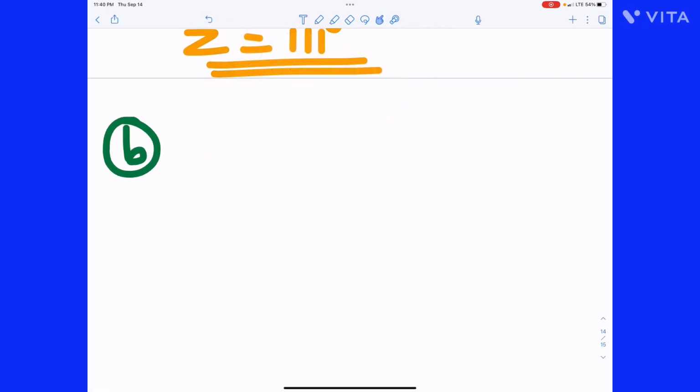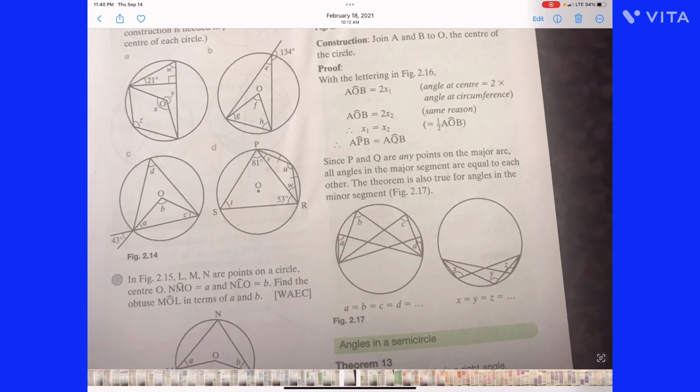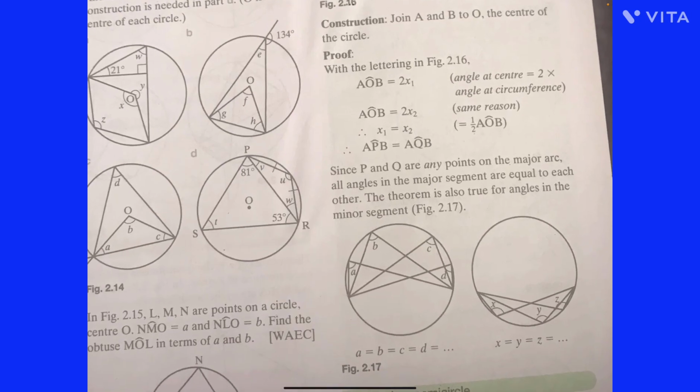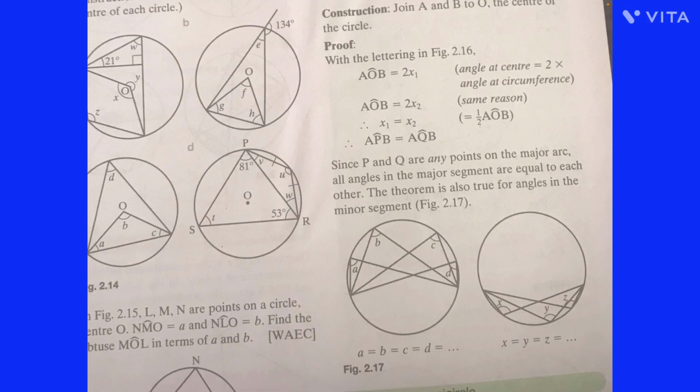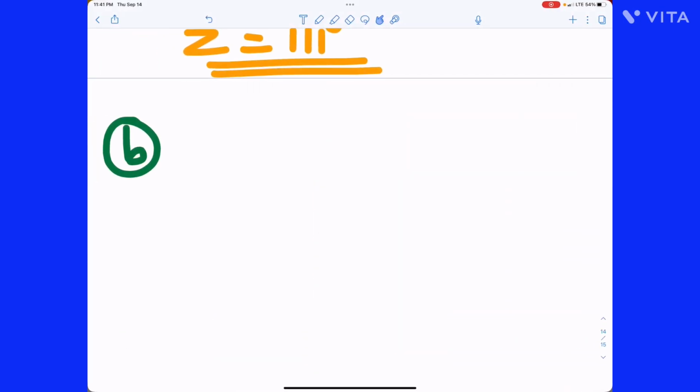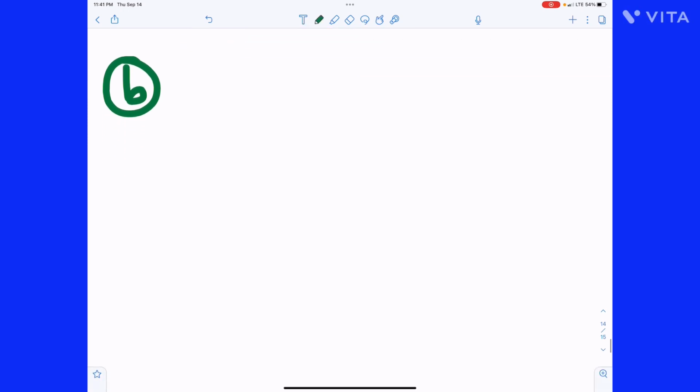Question B. 4B. I think we got everything in A. Question 4B now. Okay, let me draw the diagram here for you.